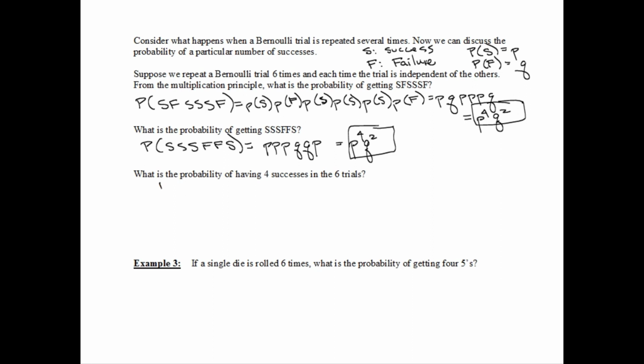Well, what we need to do is figure out how many ways are there to take 4 successes and distribute them among 6 trials. So this will be like choosing 4 of our 6 trials to be successful.